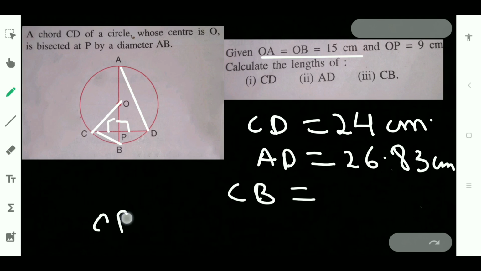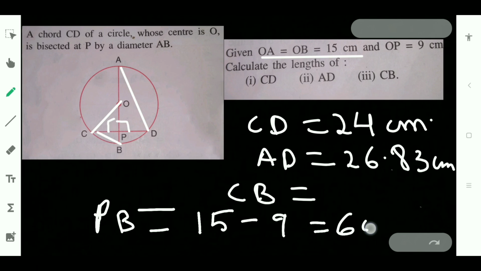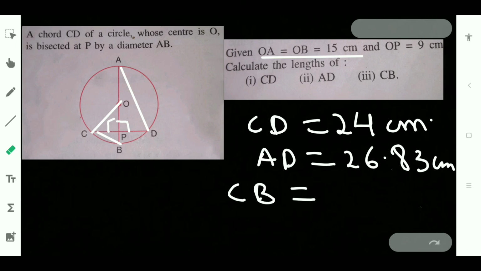So PB is equal to 15 minus 9 centimeter, which is equal to 6 centimeter. Now here we are having the value of PB is 6 centimeter. Don't forget to write the units after the numerical value.